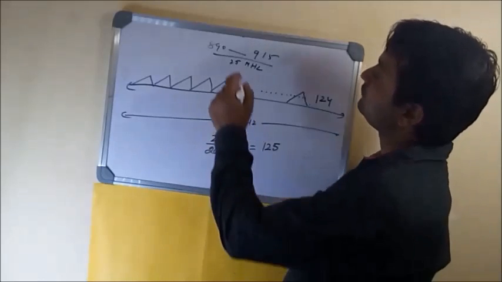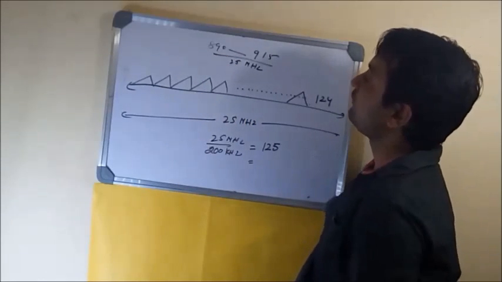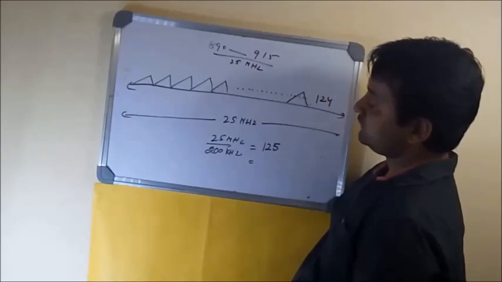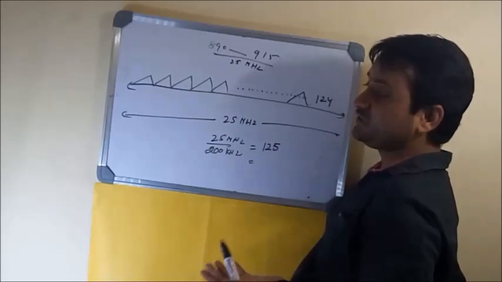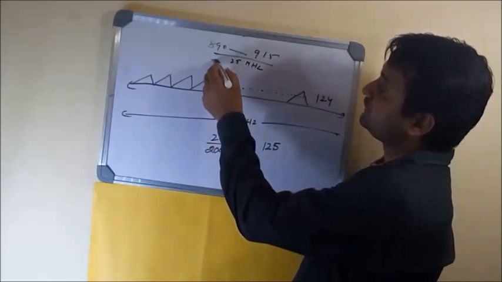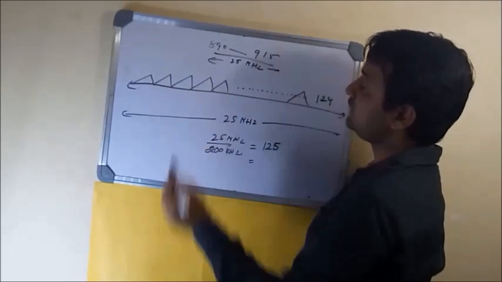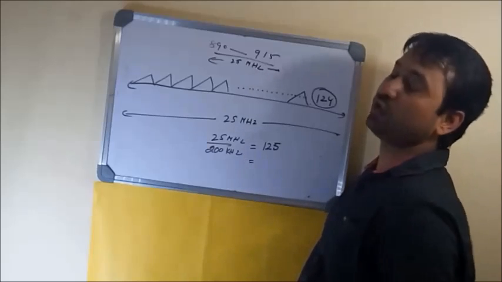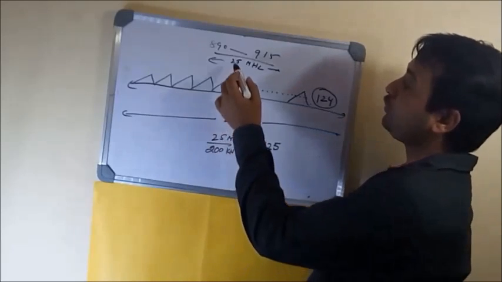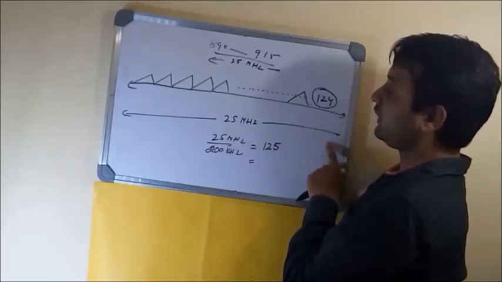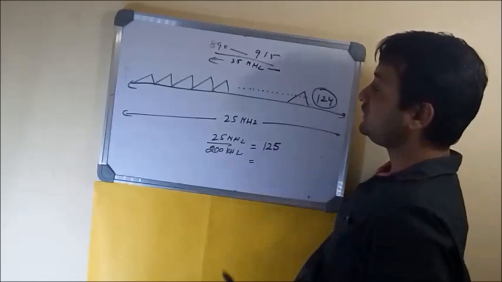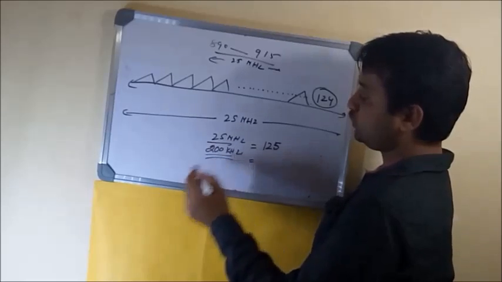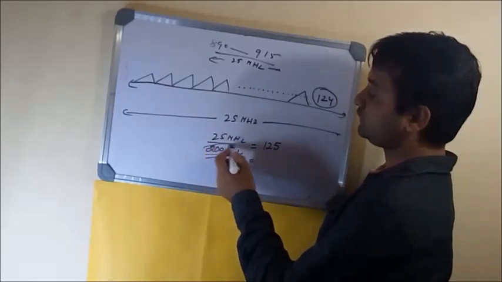Now, for sending purposes, 890 to 915 megahertz is reserved, and this band is divided into channels. In this band there are 124 channels, 124 different frequencies that can be used, within the total length of 25 megahertz. Each message signal has a bandwidth of 200 kilohertz.